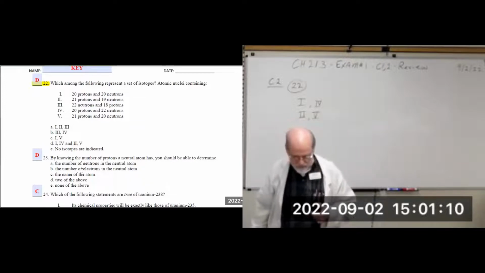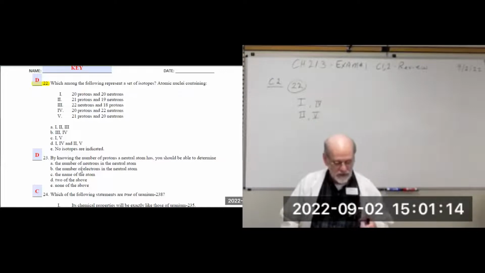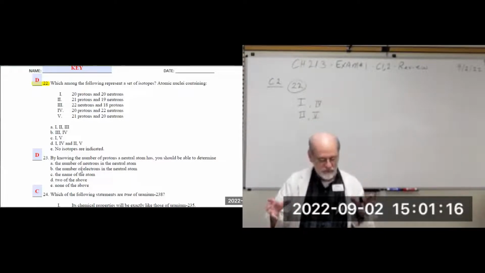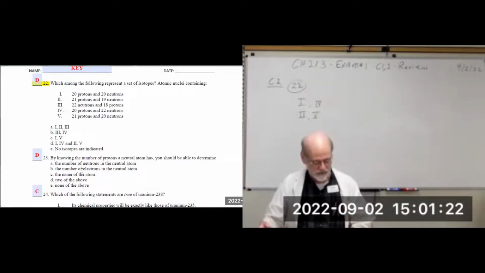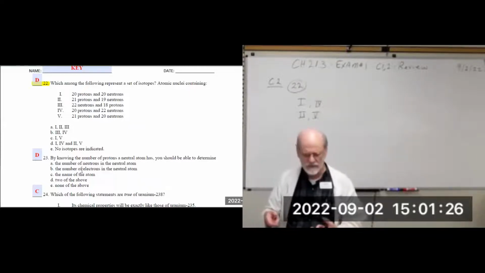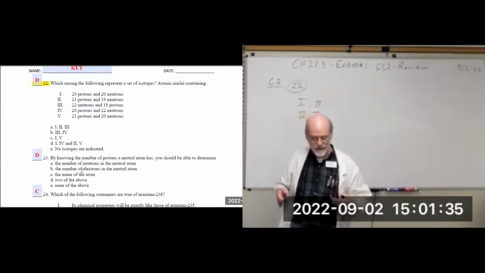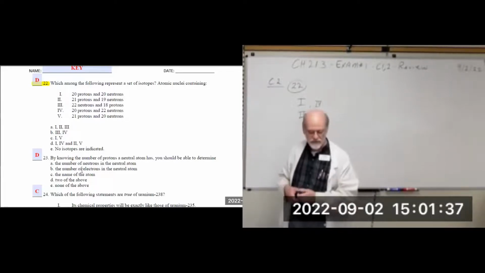Definition of an isotope: 2 different atoms with the same number of protons, meaning it's the same element, and different numbers of neutrons. Okay, we covered that, didn't we? Roman numeral 3 doesn't have a match. So D, 1 and 4 and 2 and 5, would answer that question.